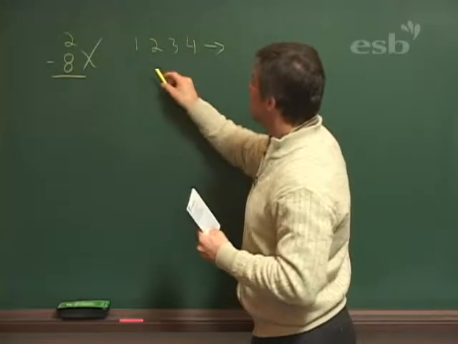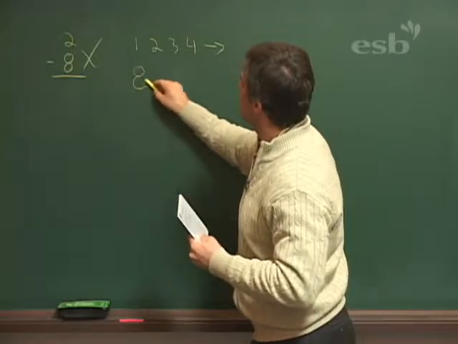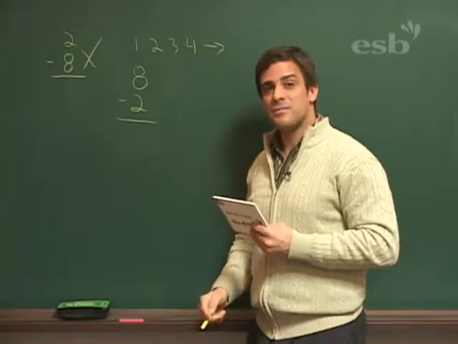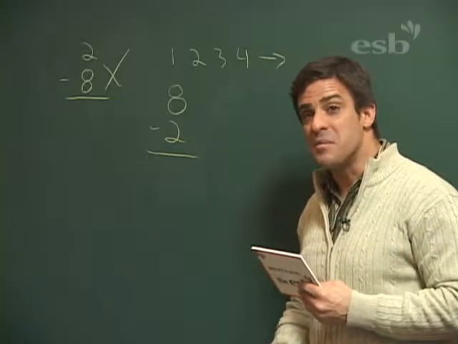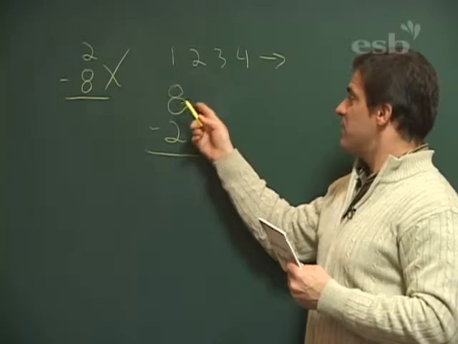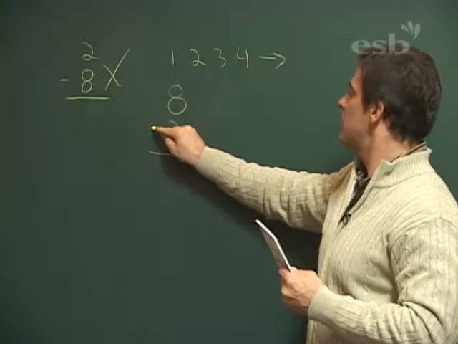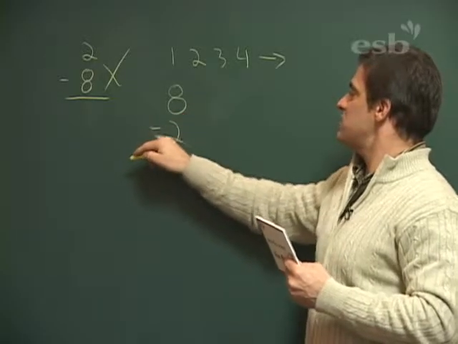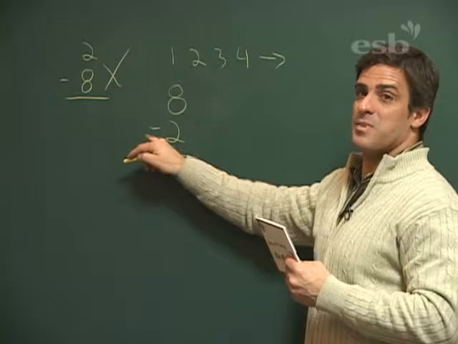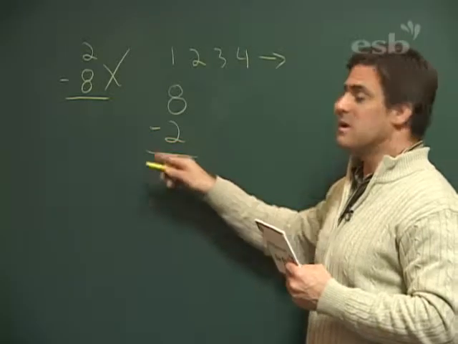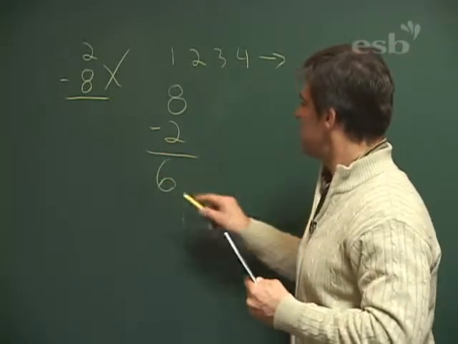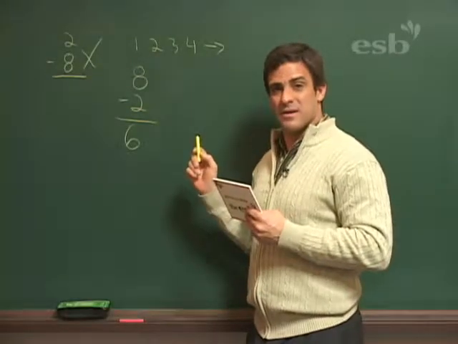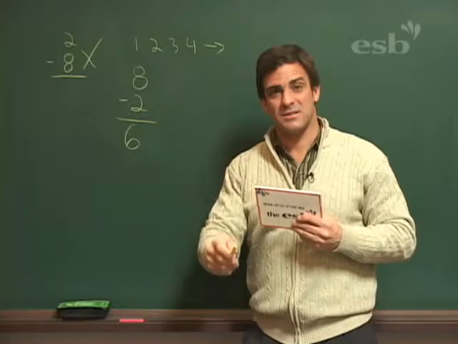We can do it this way, though. We can move the numbers around. Now, where's the bigger number? The bigger number is on top, where it belongs. 8 minus 2, 8 is bigger than 2, so the answer will be 6. 6 is a natural number. 6 is a good answer.